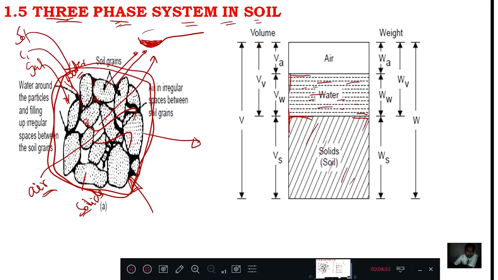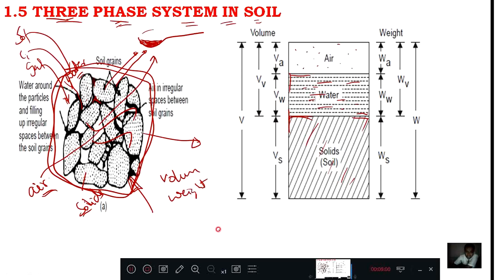And separate all the air and put it here; this is the air phase. So a soil, when I hold it, is a random mixture of all, but for study purposes, this is the solids, this is the water, and this is the air. Now this soil can be dealt with with respect to two parameters: the first is volumetric and the second is weight.